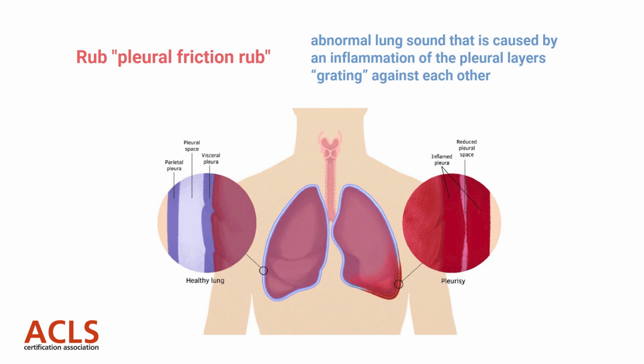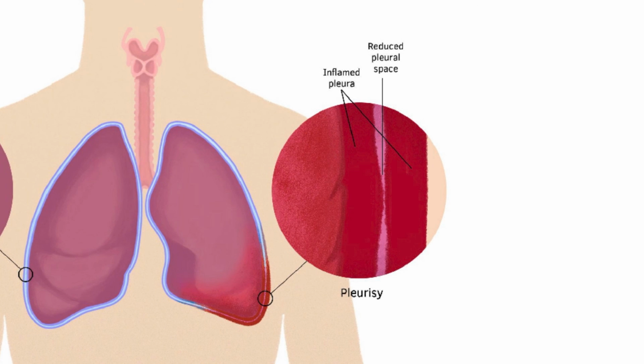Usually there's an infection. It's like a grating of the pleural surfaces against each other. A pleural friction rub is an indicator of probably pleurisy, because those lung surfaces are grating against each other and creating a rub, a grating sound.